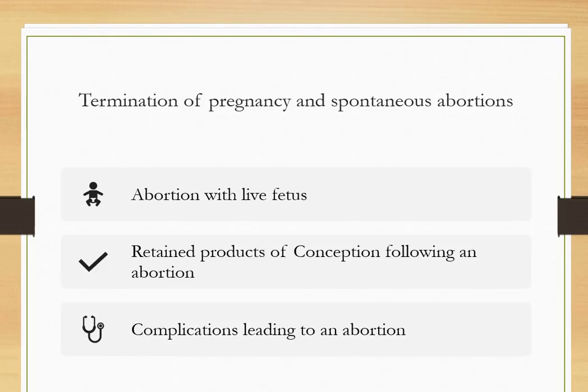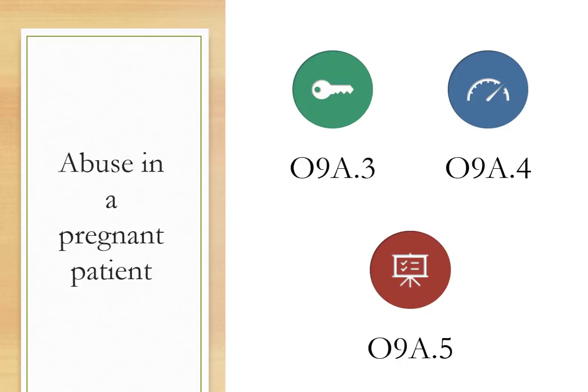And lastly, guys, abuse in a patient that is pregnant. As it relates to abuse in a patient that's pregnant, we have 3 code options. O9A.3, physical abuse complicating the pregnancy. O9A.4, sexual abuse complicating the pregnancy. O9A.5, psychological abuse complicating the pregnancy.